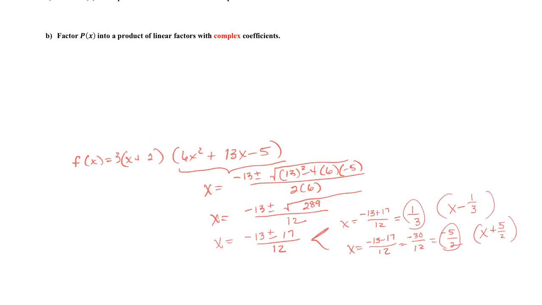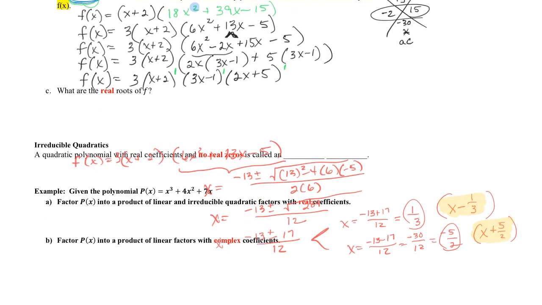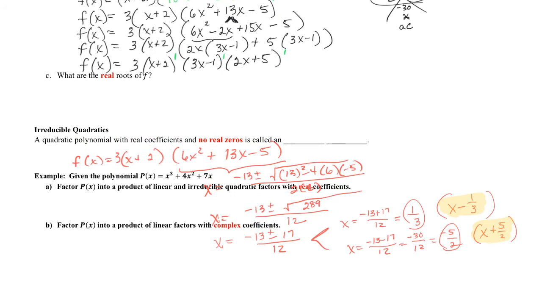But if you scroll back up to the top, that is not what we had. That is not what we found. Okay, we found the factors to be 3x minus 1 and 2x plus 5. Now, something we need to look at here.